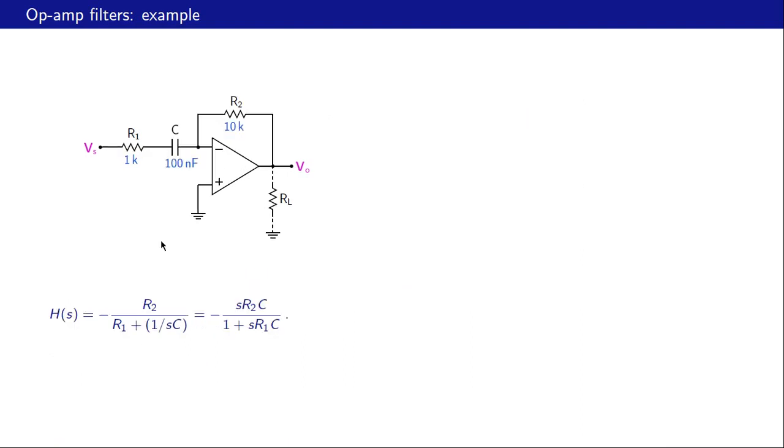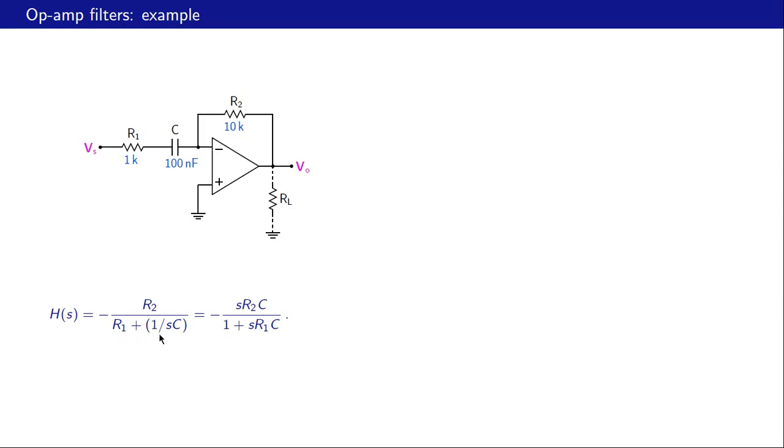Here is another op-amp filter, and this filter is also like an inverting amplifier with Z2 equal to R2 and Z1 equal to the series combination of R1 and C. So the transfer function VO by VS would be minus Z2 by Z1. Z2 is R2 and Z1 is R1 plus 1 over SC.